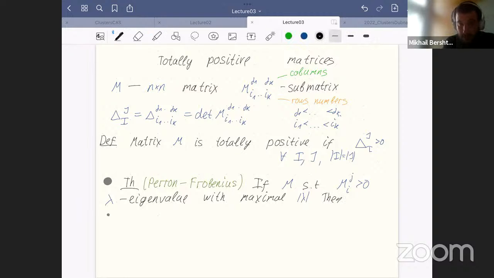First, lambda is actually real and positive. Second, lambda has no degeneracy.